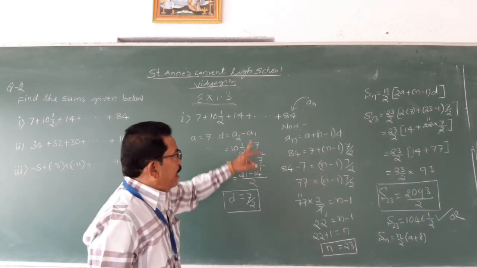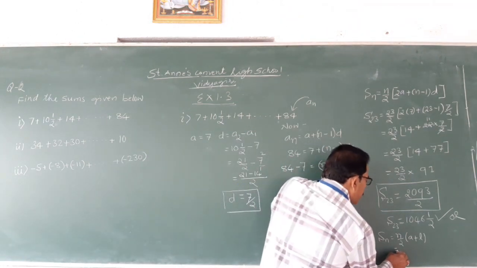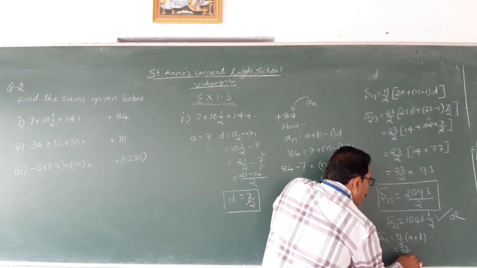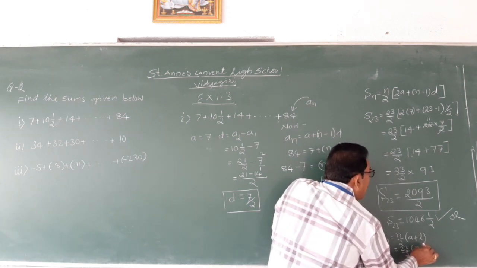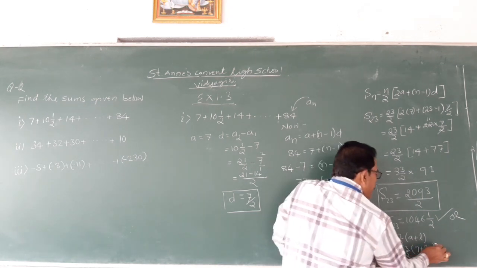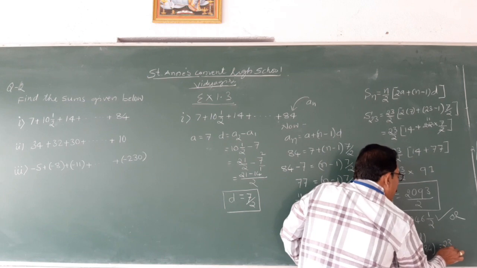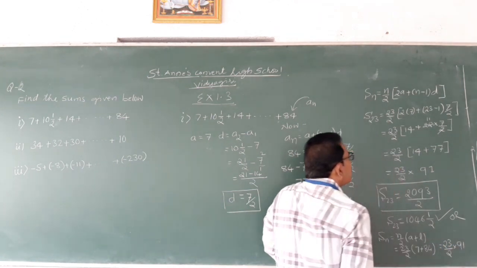See, 84 is the last term given. So n by 2, that is 23 by 2, a is 7 plus l, last term 84, that is equal to 23 by 2 into 91.